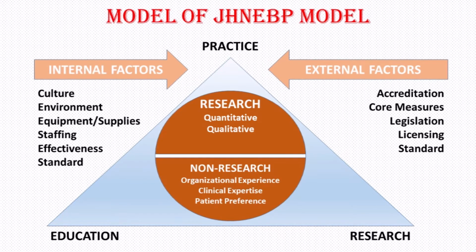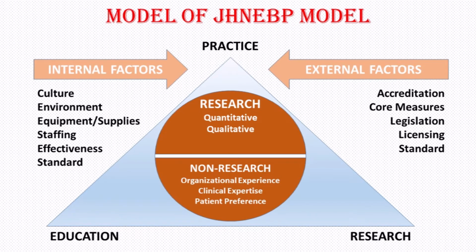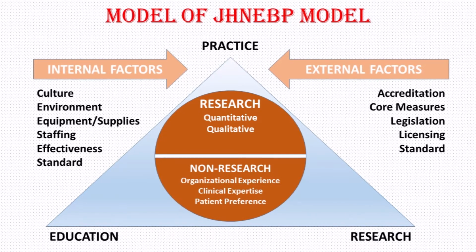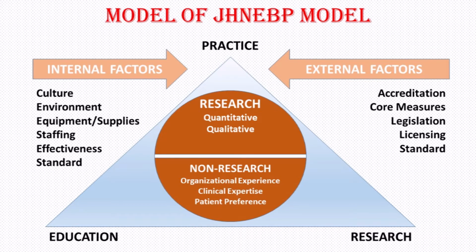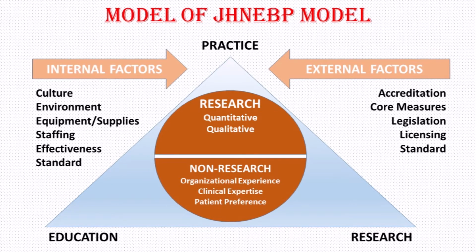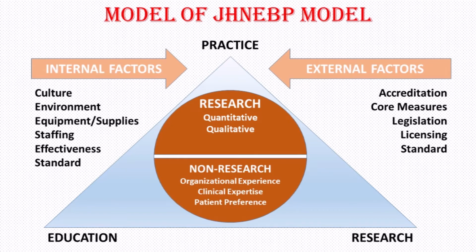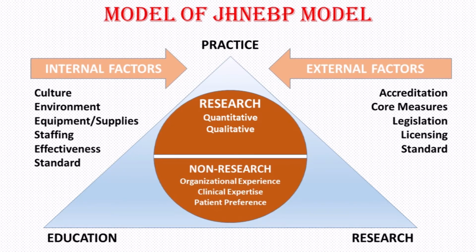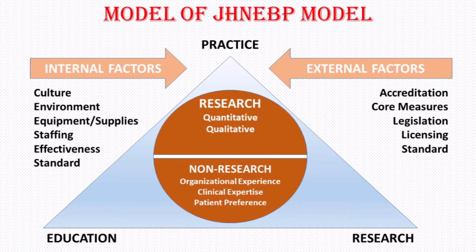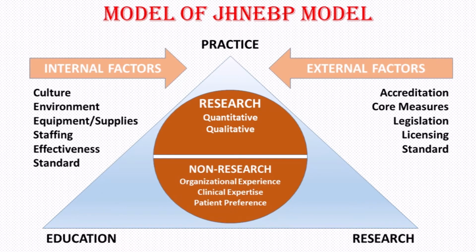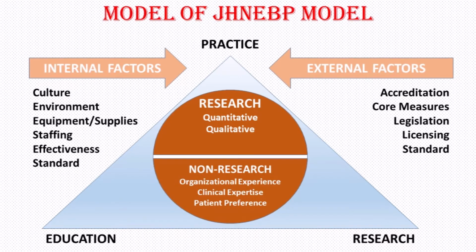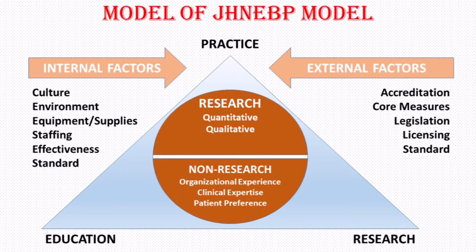These three concepts are interrelated. Through education, we do research on the unanswered questions, and research will provide us evidence which we are going to practice in our profession to solve the patient's problem or problems. The model explains some barriers.